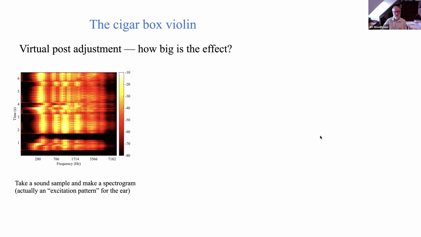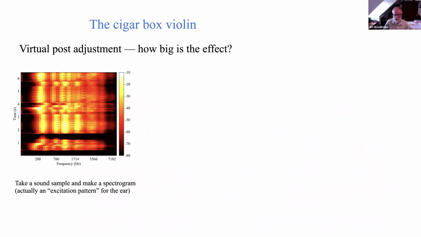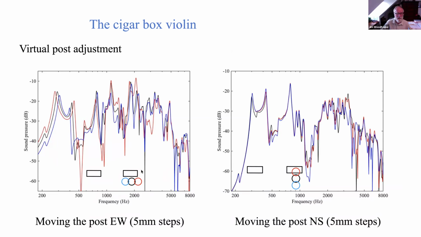Now, you will want to know, can we hear it? Are these effects important? So let's just go back to here. The one I'm going to illustrate is the shift from the black to the red, 5 millimeters eastwards.